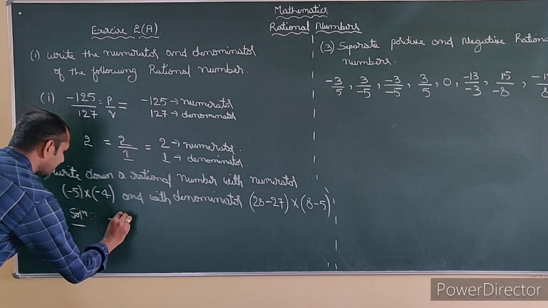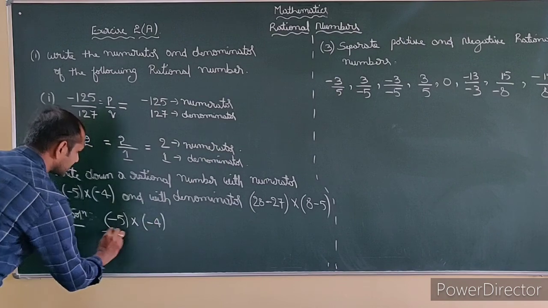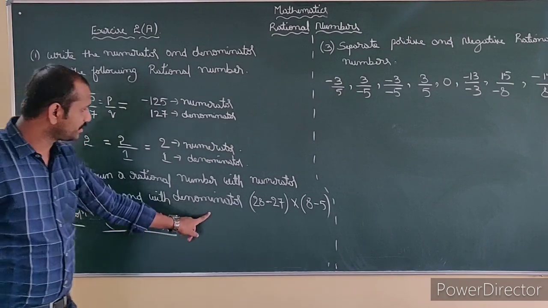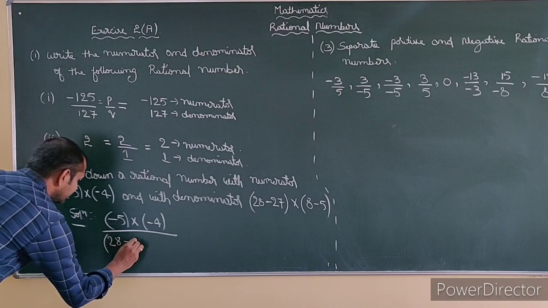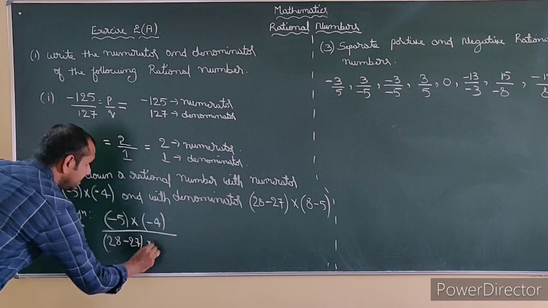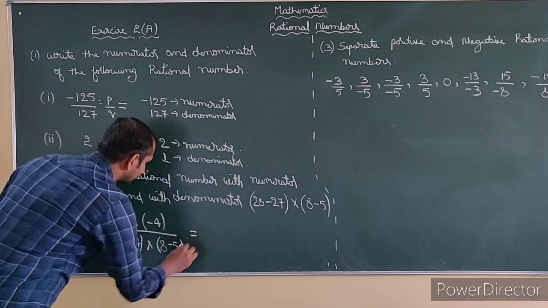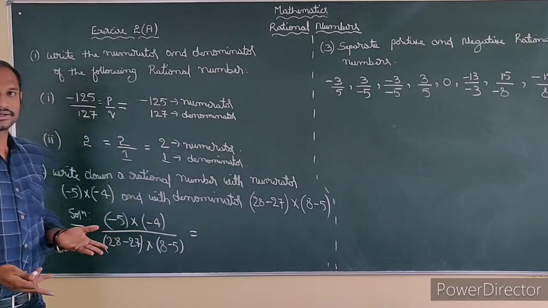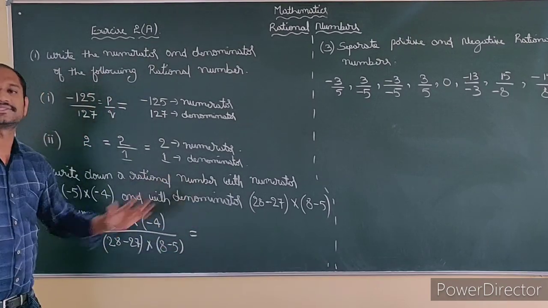In the numerator we have minus 5 into minus 4. And with denominator this one, that is 28 minus 27 into 8 minus 9. Look at how twisted a way they have given. We need to solve this, and whatever answer we get, that will be the rational number.